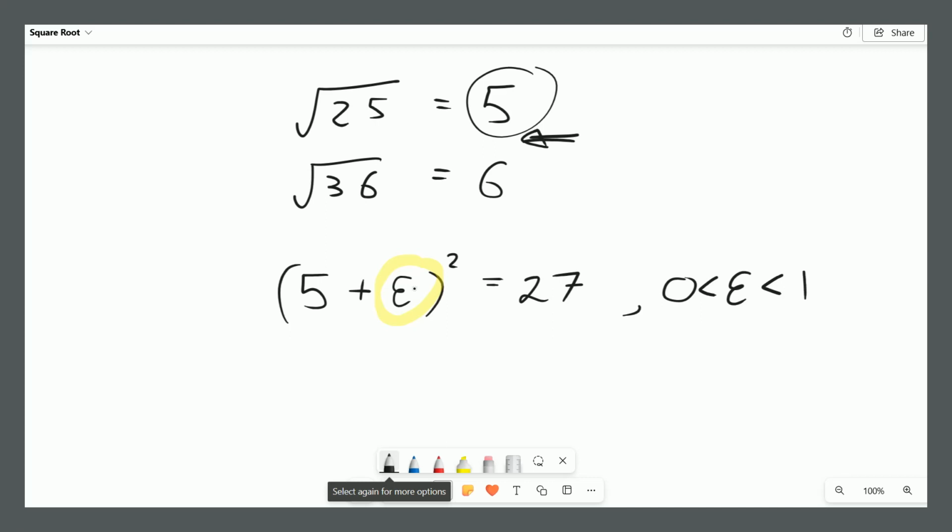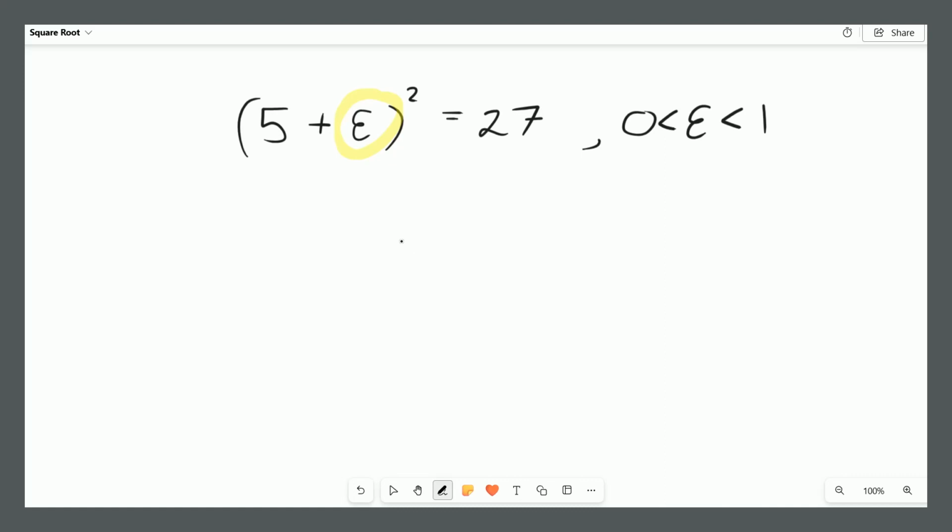And here we know that is the case because 5 plus something less than 1 is the answer we're looking for. If epsilon is equal to 1, well then we have 5 plus 1, which is 6, and 6 squared is 36. Okay? So, we then want to find what epsilon is.